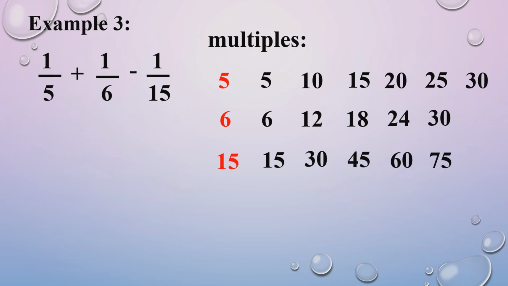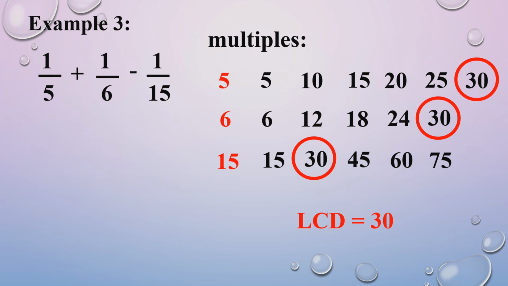So the same number for these multiples is 30. So the LCD, or the least common denominator, is 30. Again, we will use that now as our new denominator. And then let us divide. 30 divided by 5, that is 6, times 1, the answer is 6.